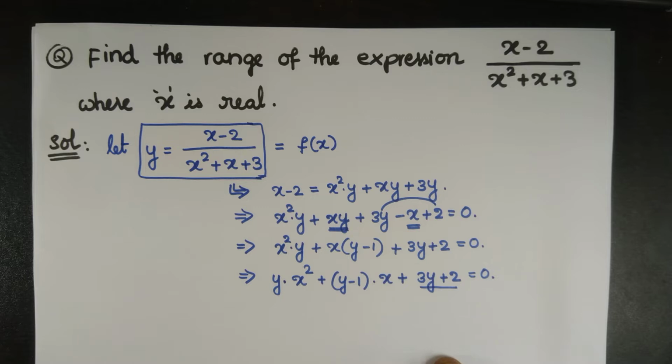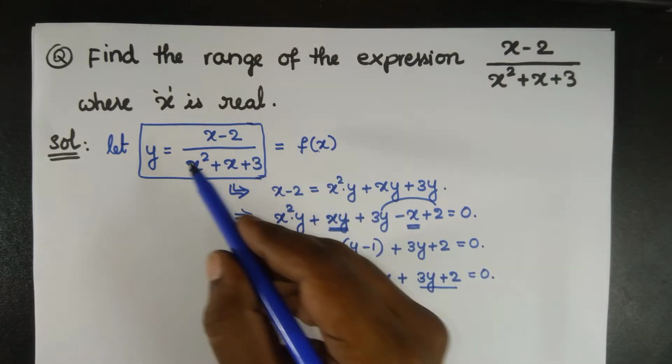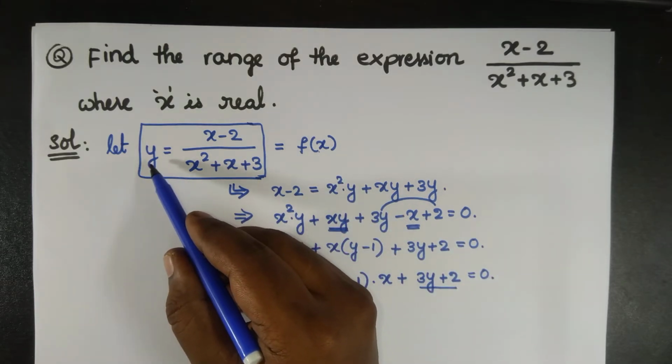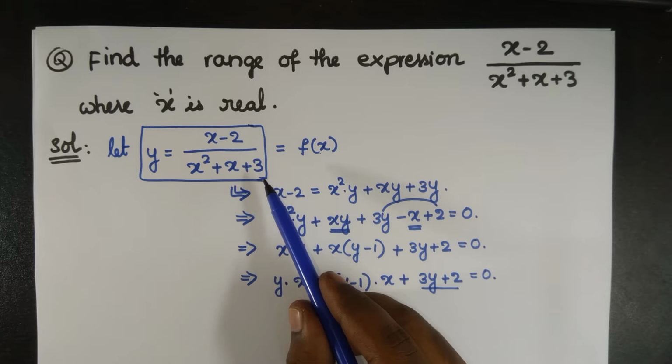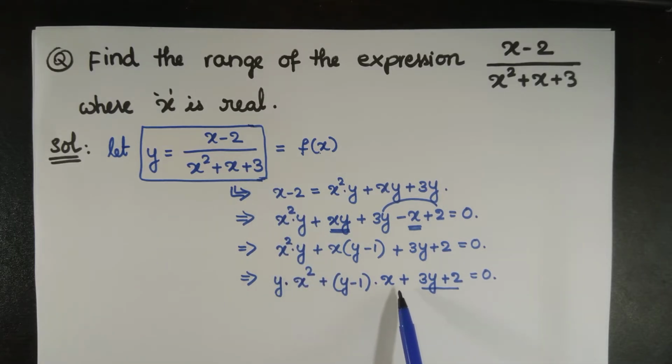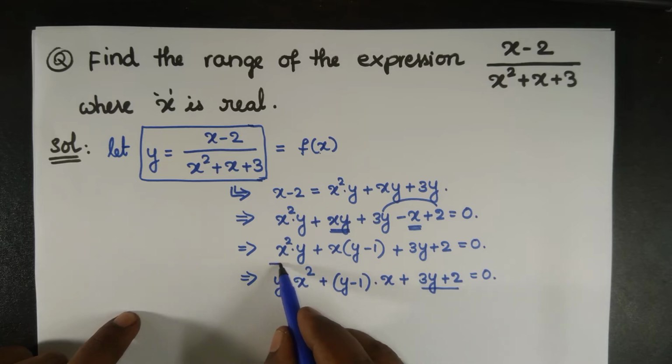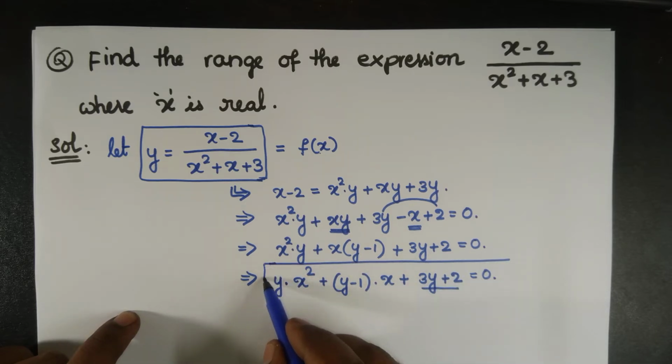Now what could we do in this case is f of x can have any value y. Yes or not? This f of x can have any value y provided this quantity in x has real roots. That means now you have a quadratic equation in x.